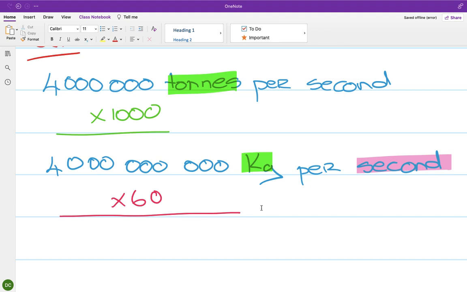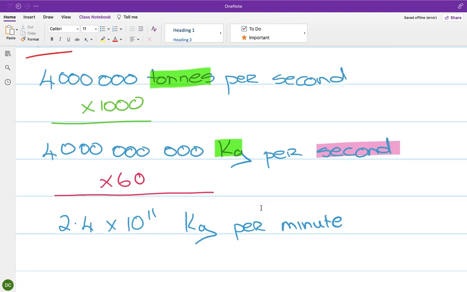Sorry, just getting my calculator. I get this, exactly as read off my calculator, and that is kilograms per minute.